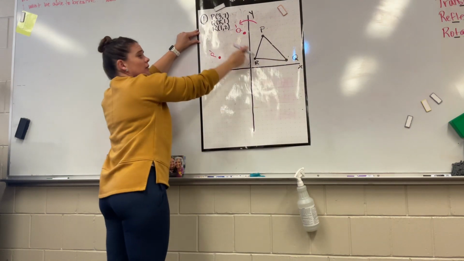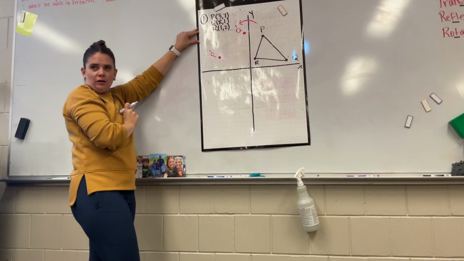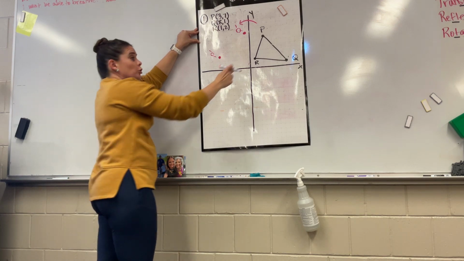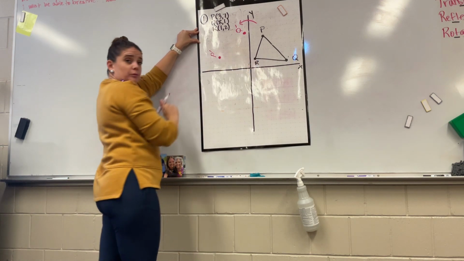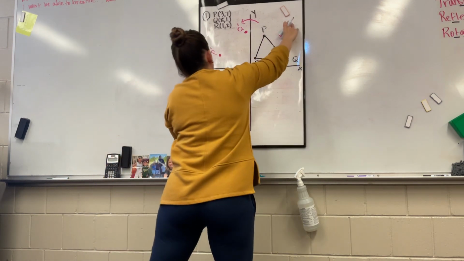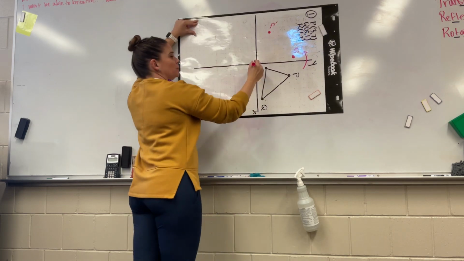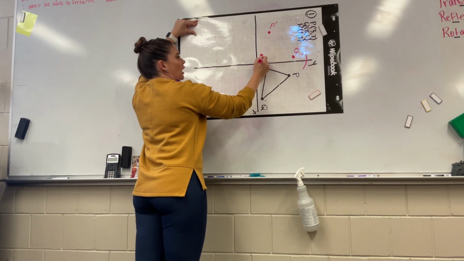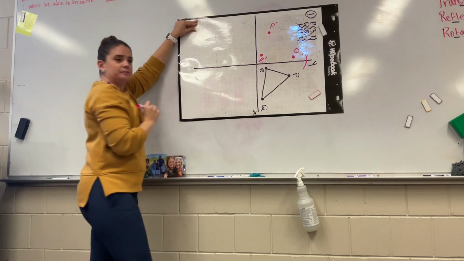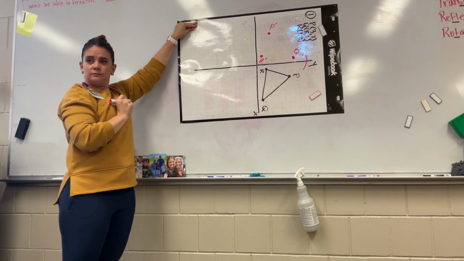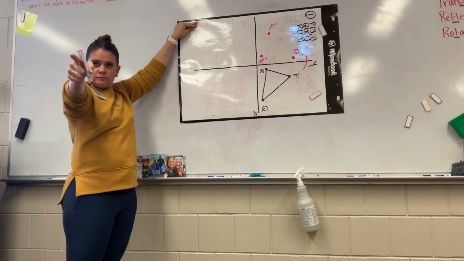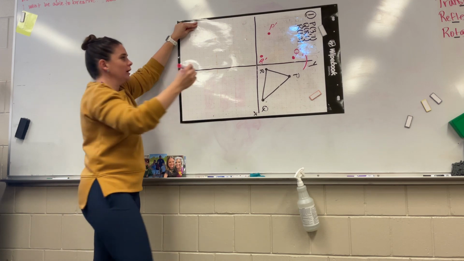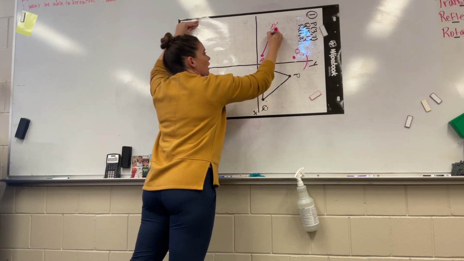Okay, R we see plotted right here. From the origin, right 1 up 2. So with our paper turned, we're going to plot right 1 up 2. You good, Matthew? Okay. All right, we got all 3 of them.